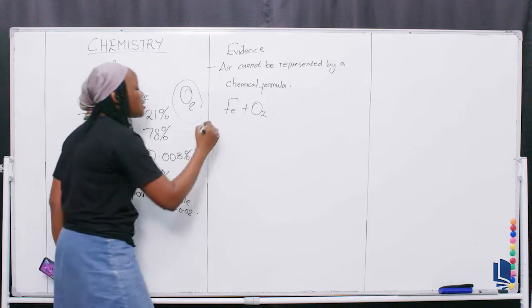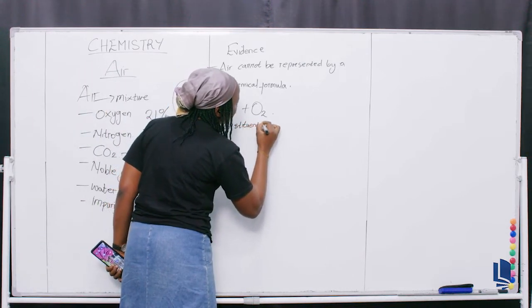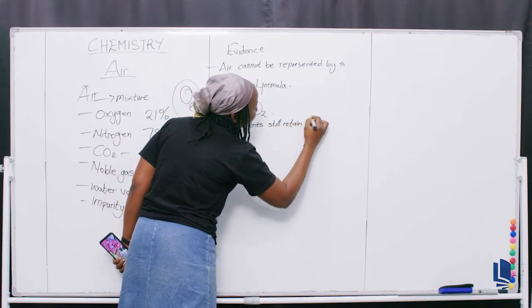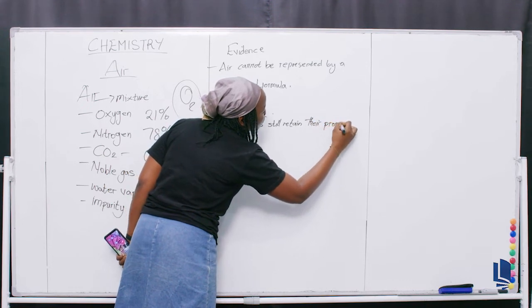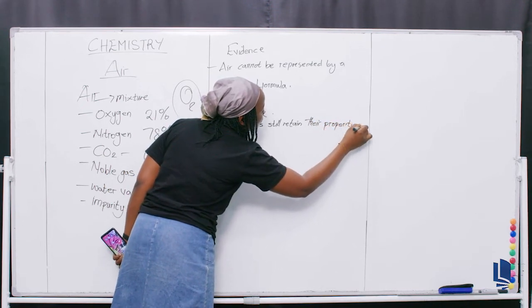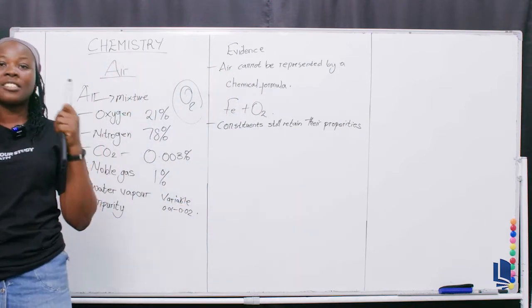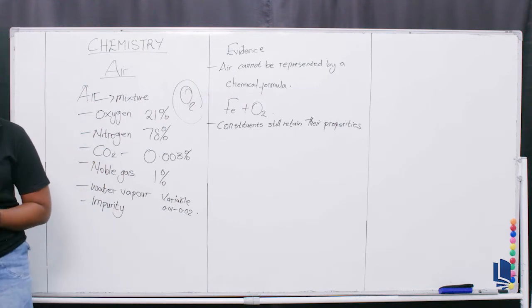Air cannot be represented by a formula, and individual elements still retain their properties. So constituents still retain their properties. And one peculiar characteristic of a mixture is it can be separated by physical means.